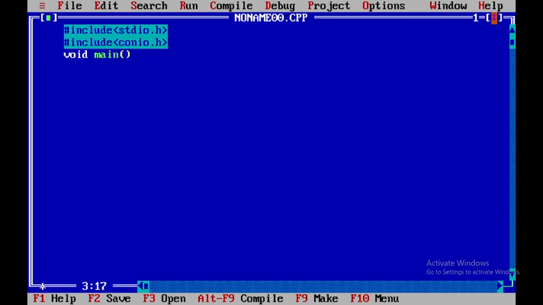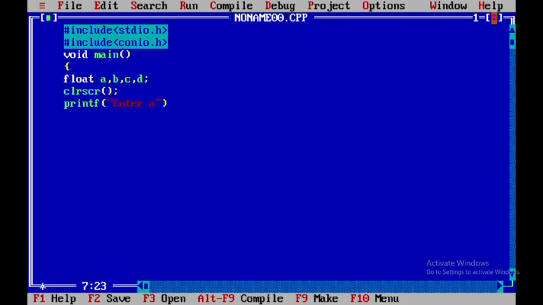Then we are going to declare variables, so float a, b, c, d, and then clear the previous output.